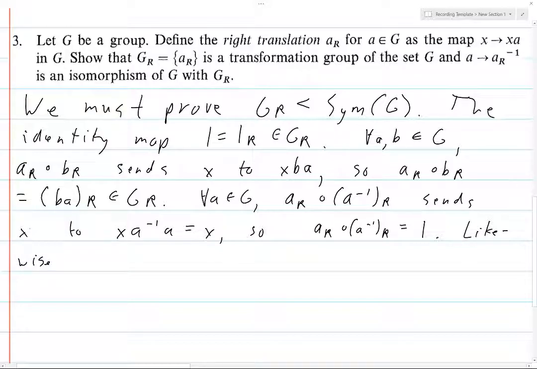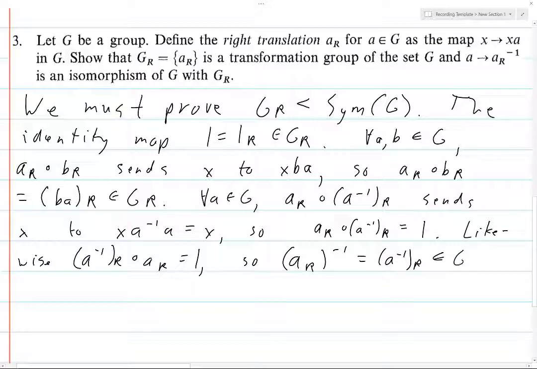Likewise, (a inverse)_R of a_R equals 1. So the inverse of this element in G_R is given by (a inverse)_R, the element in G_R, which is clearly an element of G_R.